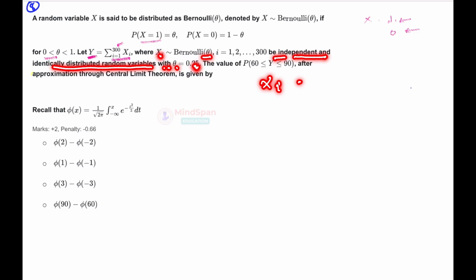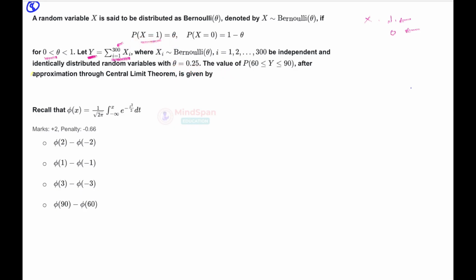That means this point is important, that they are independent and identically distributed. All these xi's are IID, all are Bernoulli random variables, and they have the probability of success 0.25, that is, the probability of the random variable taking the value x equal to 1 is 0.25.